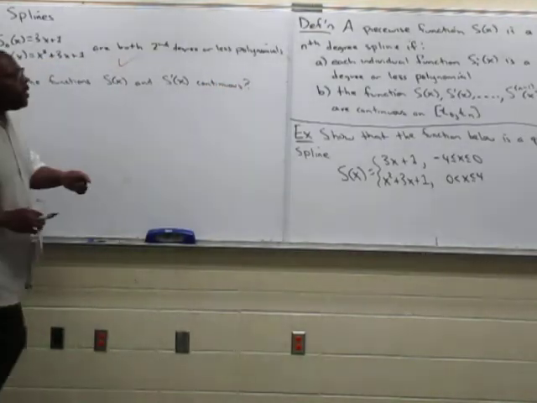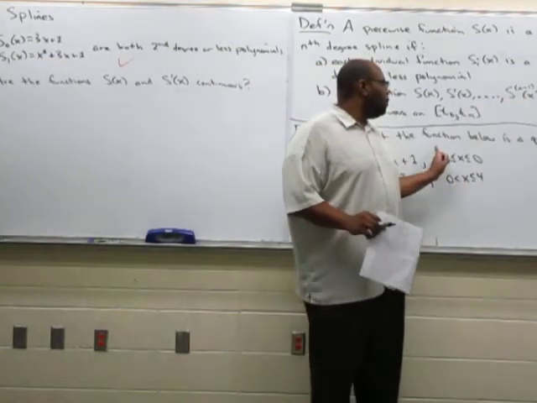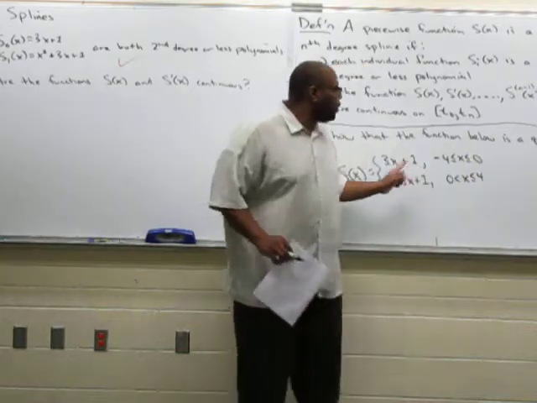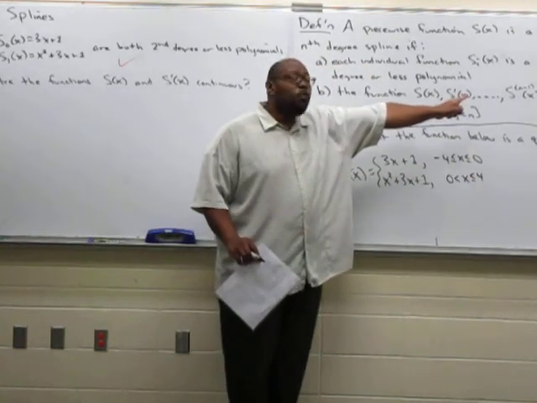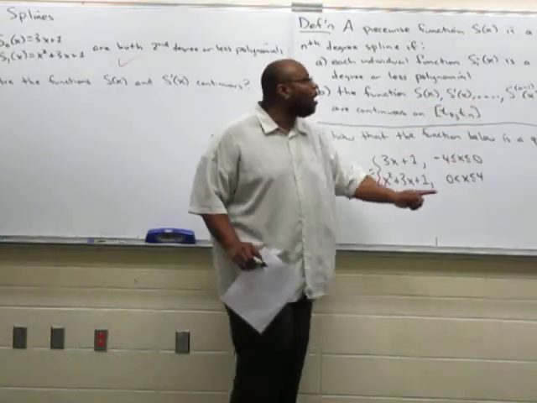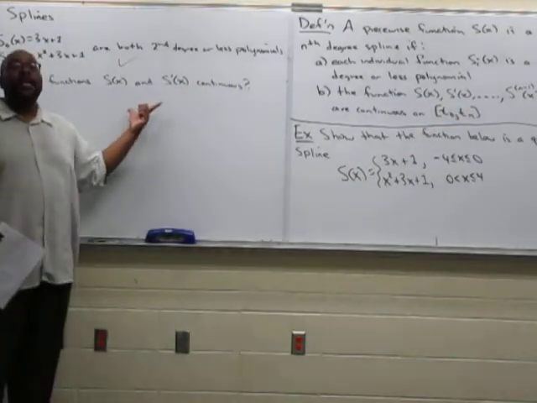Because remember, in this case, my n is going to be equal to 2, because we're dealing with a quadratic spline. My n is equal to 2, so 2 minus 1, I'm looking at the first derivative, all the way up to the first derivative. So from S of x and S prime of x, I want to make sure that both of those guys are continuous.